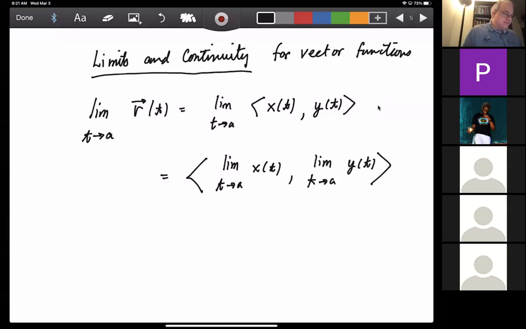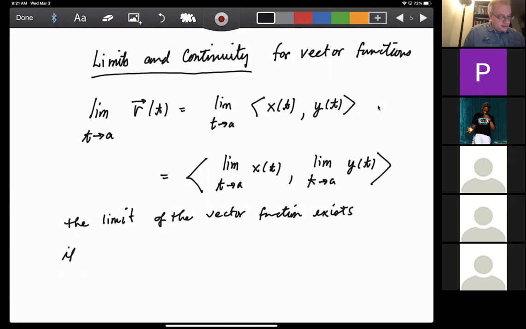Okay, and the limit of the vector function exists if and only if all the limits of the component functions exist.